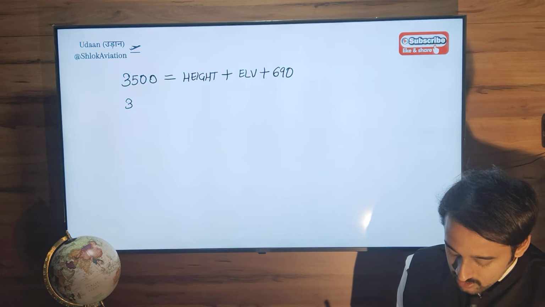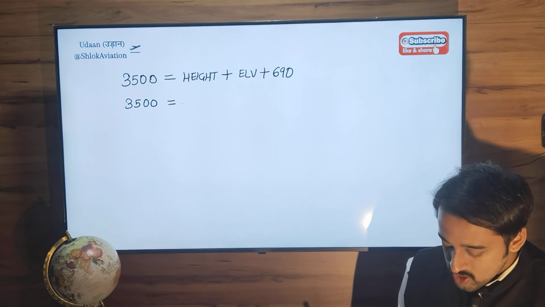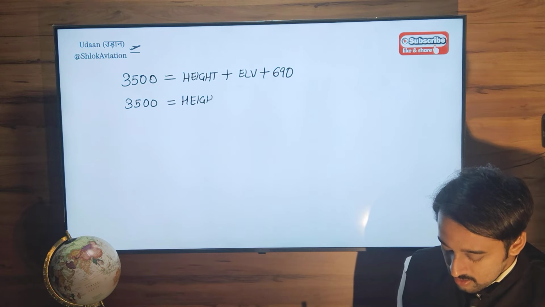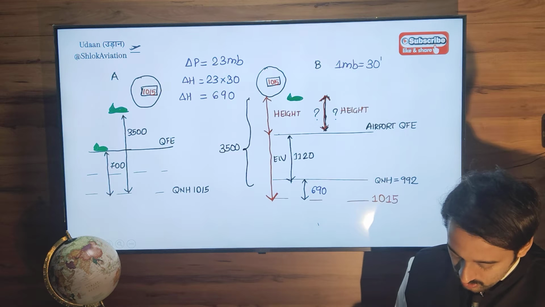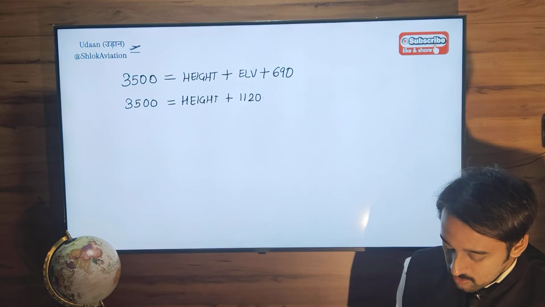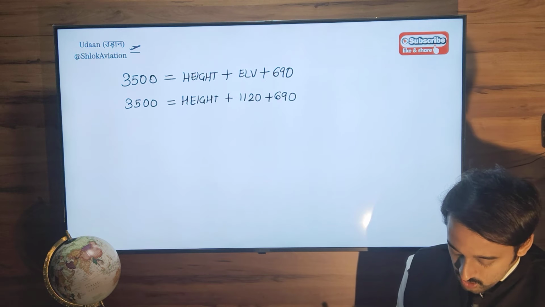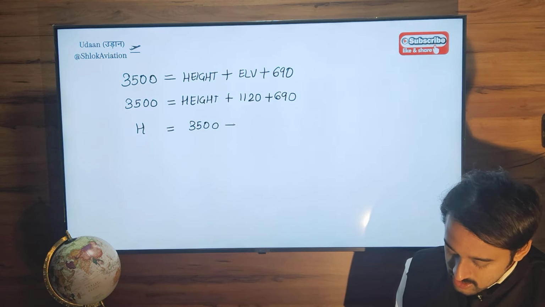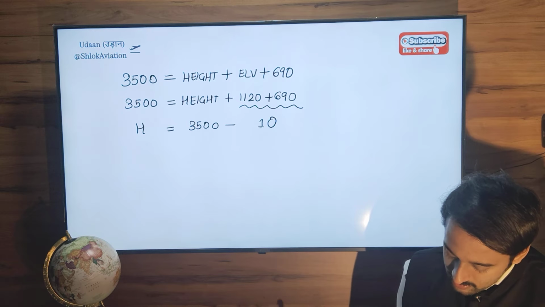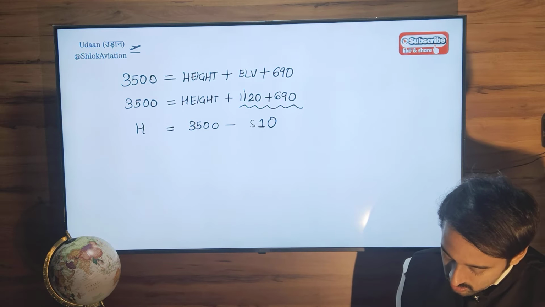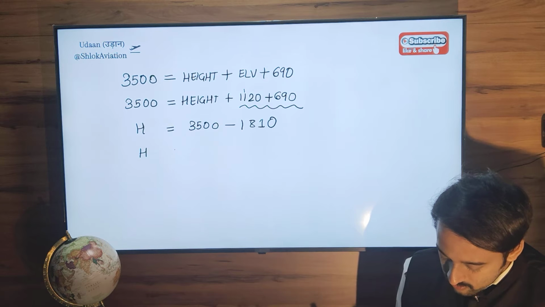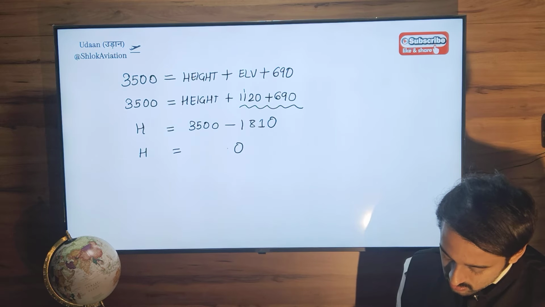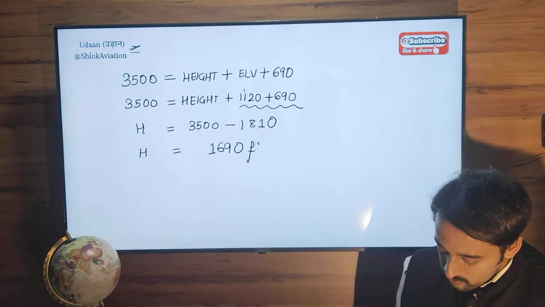So let's substitute the value. 3500 equals height plus elevation 1120 plus 690. So height will be equal to 3500 minus 1810, which is 1690 feet.